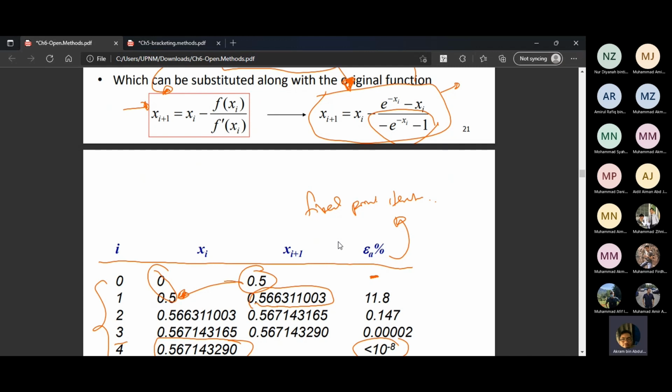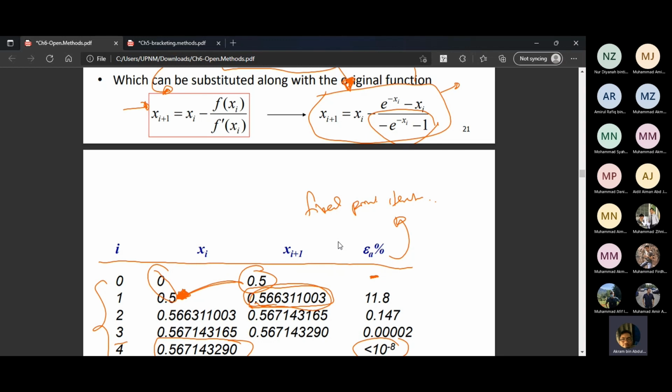So we take the previous value, the old value, as the current value when i equal to 0 will be used as the old value when i equal to 1, and then we can calculate this one by using this formula.